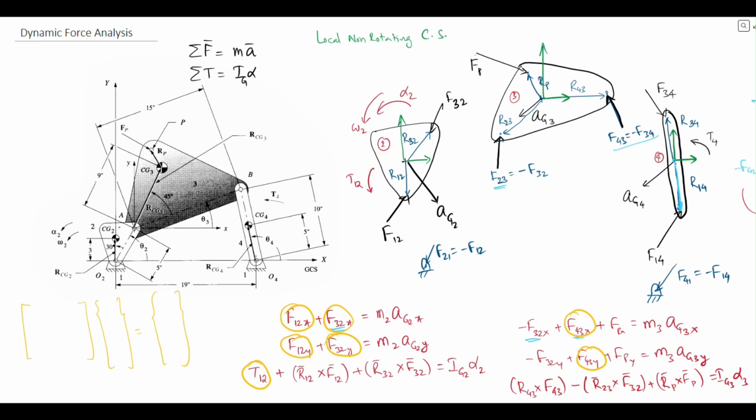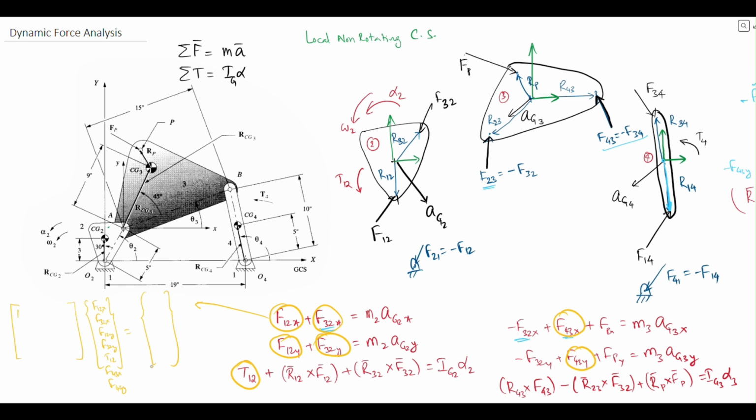So for example, if I have to write this equation in this form, I can write f12x, f32x, there can be f12y, f32y, there is t12, and then there is f43x, f43y, and the last set, I believe that was 14, yeah, 14x and y.